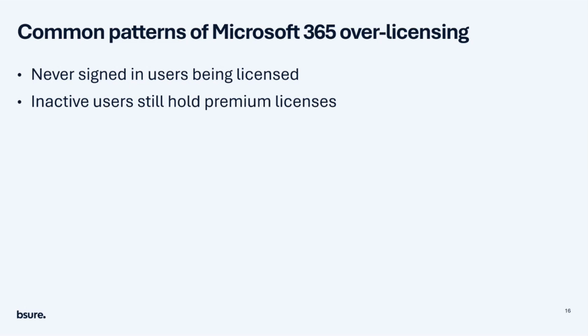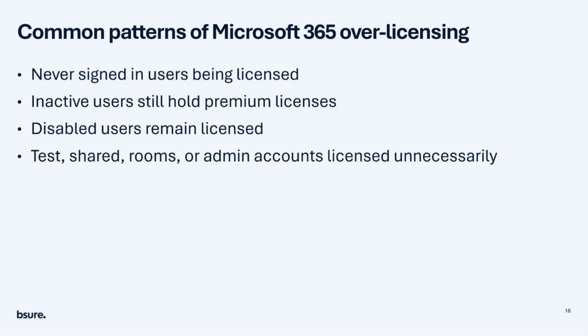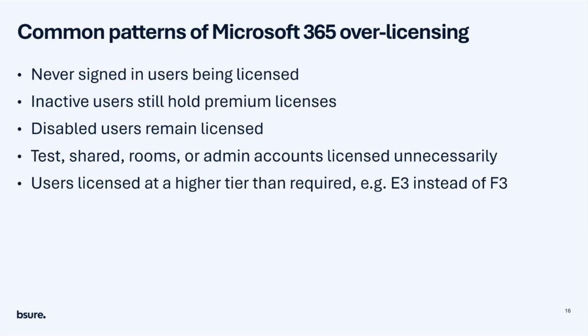Inactive users still hold premium licenses. Disabled users remain licensed. Test users, shared mailboxes, meeting rooms, or administrators hold licenses unnecessarily. Users are licensed at a higher tier than required. Maybe a user has an E3 license but should have been a frontline worker.